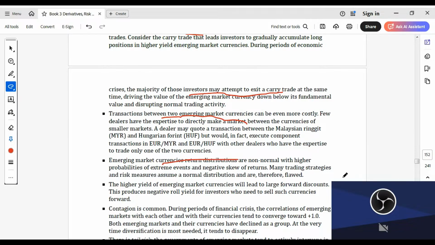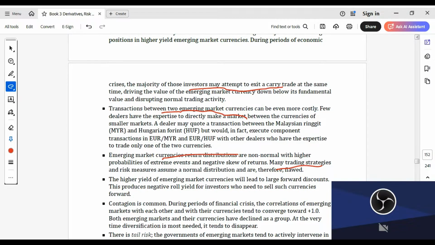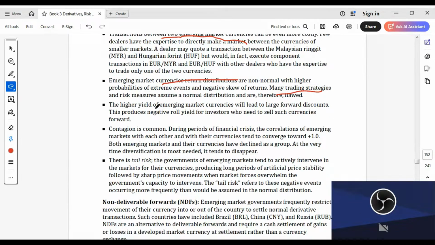Distribution will be not normal, fat tails will be there. This is also a good point. Usually emerging market currencies will have higher interest rates, so they will be trading at a forward discount. So roll yield will be negative if you want to hedge.